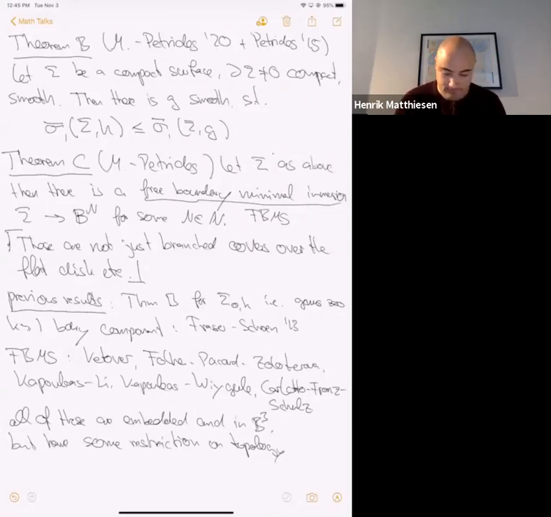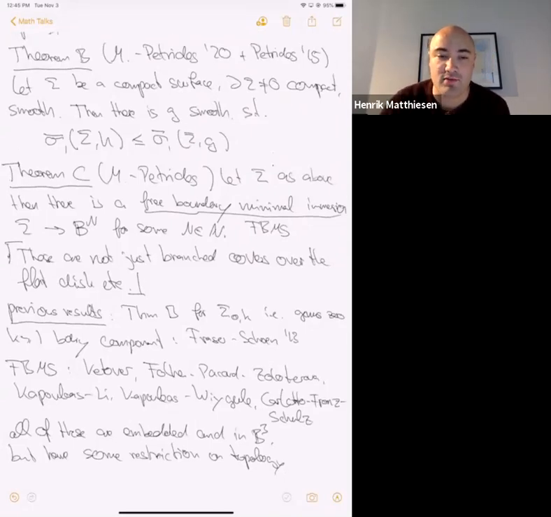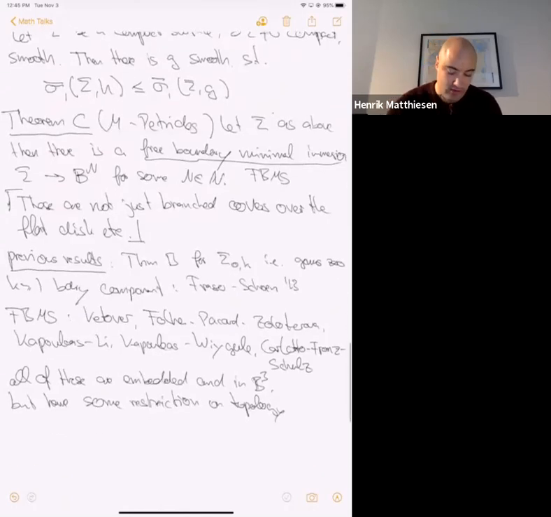Okay, so now let me talk a bit about the proofs of these theorems, these maximization problems. Let me first talk about the closed case, because it's easier to draw pictures.